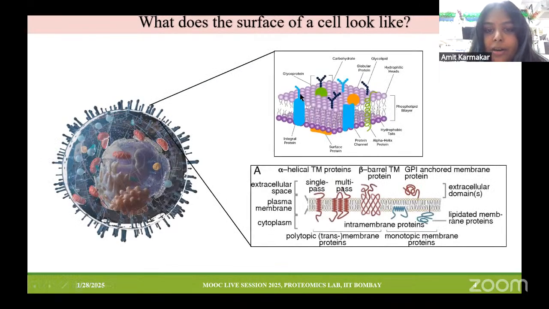It will have certain types of proteins, lipids, and carbohydrate molecules protruding out from the cell. There is a lipid bilayer with proteins intruding into it. Among the proteins, there are single-pass proteins, multi-pass proteins, and peripheral proteins, some protruding out of the surface and some embedded in the bilayer. So this is basically what the surface of a cell looks like.